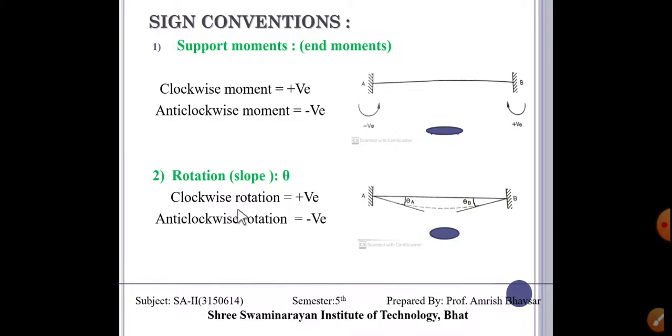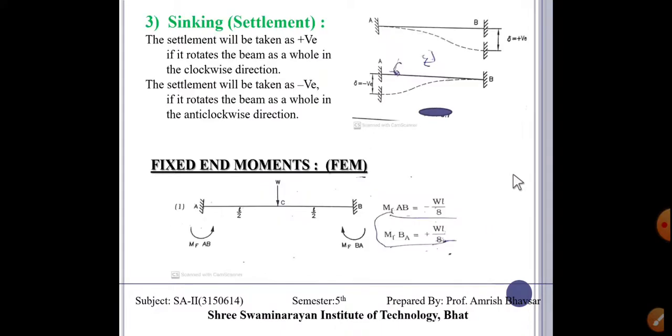Rotation, slope: we know when force is applied on a particular beam, it will rotate something like this. Clockwise rotation is positive, anti-clockwise rotation is negative. Sinking, settlement: if the right hand side of a particular span sinks, it is positive, and if the left hand side sinks, it is negative.